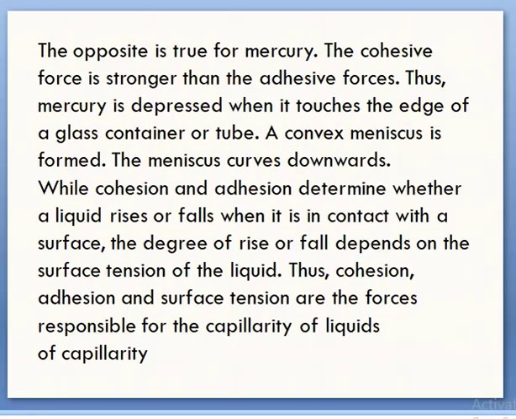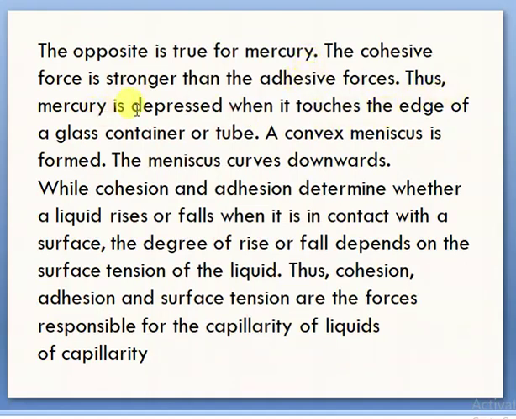For water, we say that it has a stronger force of adhesion. Now, the opposite is true for mercury. The cohesive force is stronger than the adhesive forces. So in mercury, the force of cohesion is stronger than the force of adhesion.